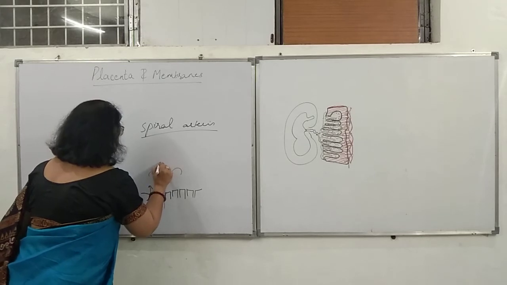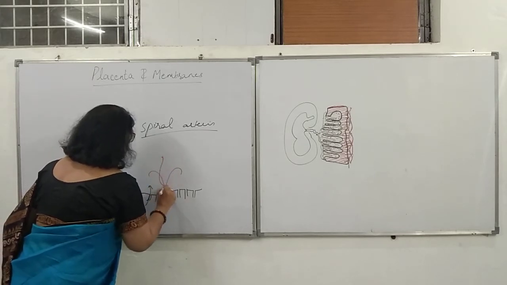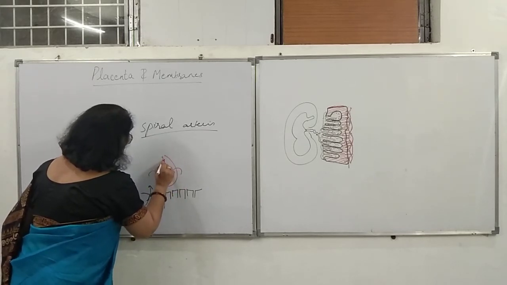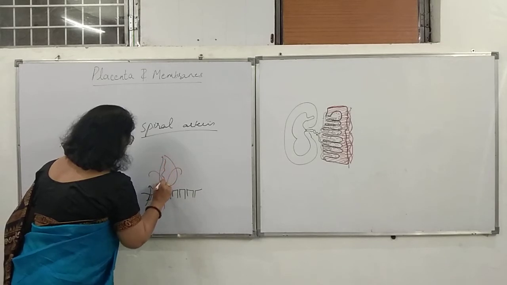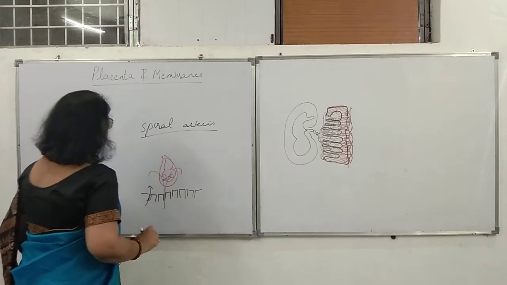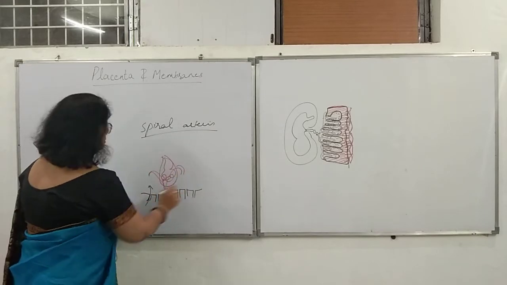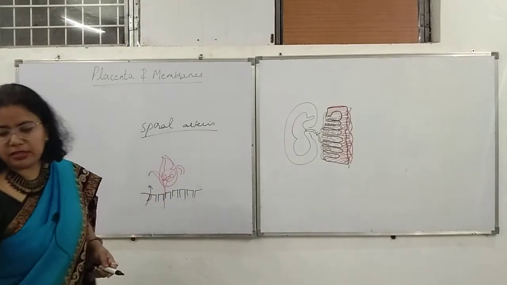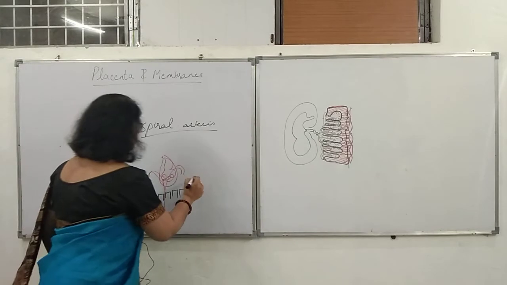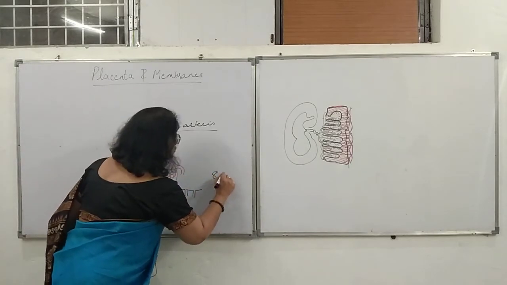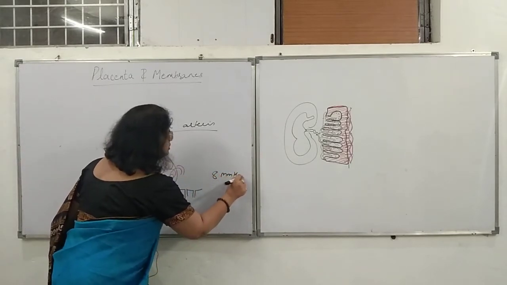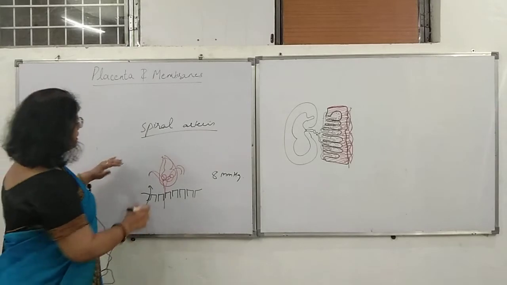Now suppose here is the terminal villi, fetal. So the blood goes in a splash. Pressure here is only around 8 mmHg in the intravillous space. It moves very slowly.